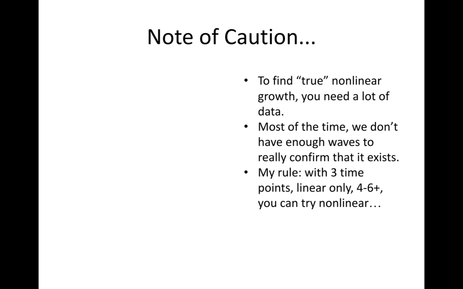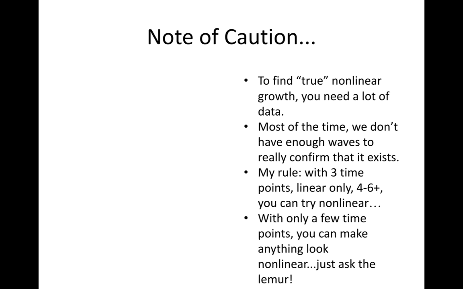If you only have 3 time points, so if you've only observed people at 3 time points, I would only test linear growth, because it's really hard to show anything other than linear growth with 3 time points. If you have more than that, if you have, say, 4 to 6 or more, you can absolutely and should absolutely try nonlinear growth, and that's perfectly fine. But with only a few time points, you can make anything look nonlinear.